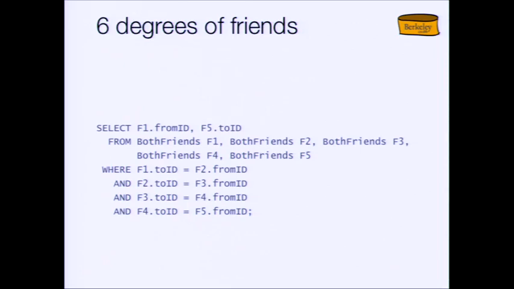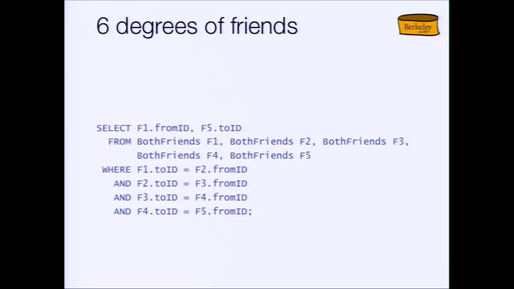Right. So imagine a graph where Bob is friends with Alice, and Alice is friends with Fred, and Fred is friends with Bob. So Alice is 1 hop away, but she's also going to be 4 hops away. You'll find her twice at different path lengths.